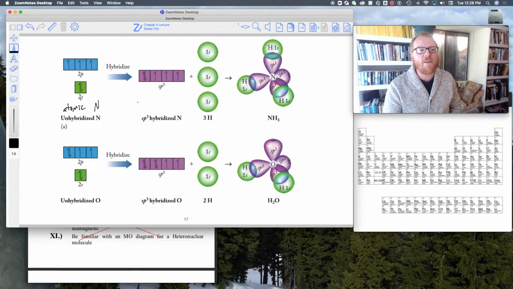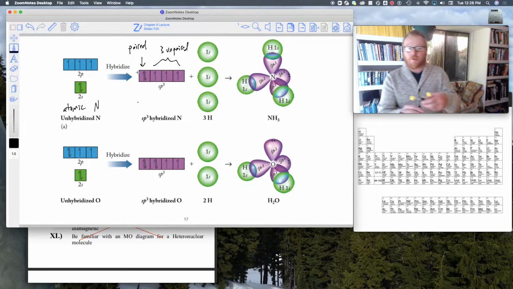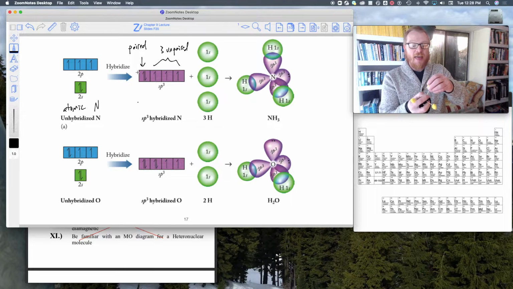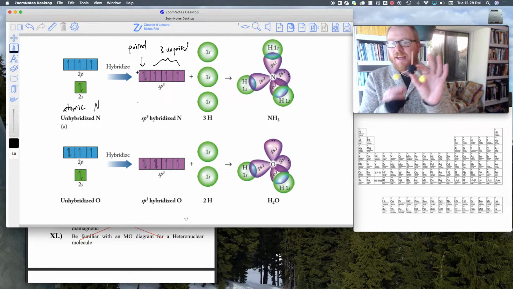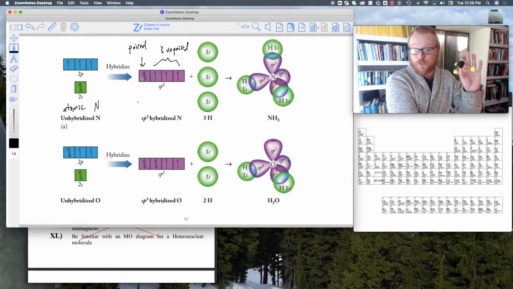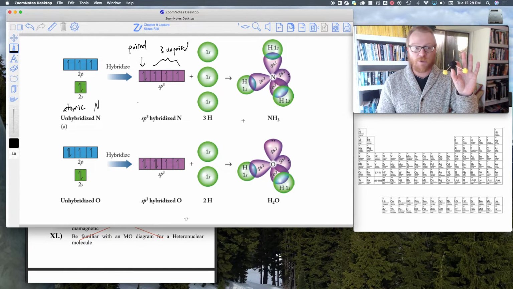And so now when these things mix, what I'm going to have is 3 unpaired electrons and 1 paired electron, which is why we observe ammonia, NH3, to still have that tetrahedral geometry, except for, look, this empty stick, that represents this free electron pair, okay, which is pretty cool.